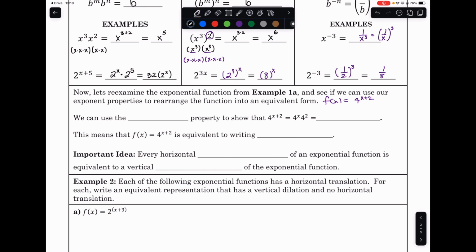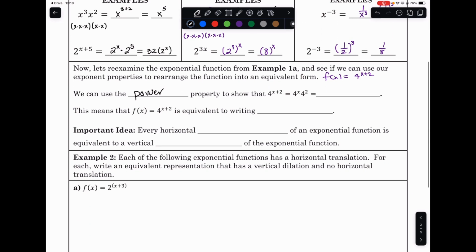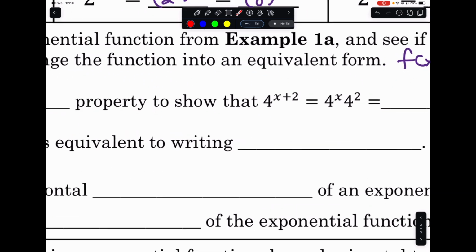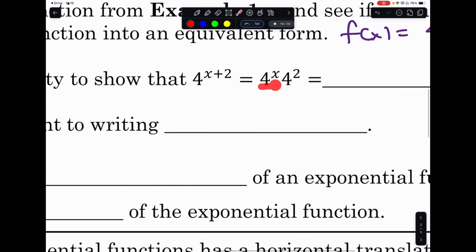Well, we can apply the product property, I'm sorry, not the power property, the product property, to show that 4 to the x plus 2 is equivalent to 4 to the x times 4 to the second power. Since these exponents are added together, by the product property that means we have a base of 4 raised to the power of x times another base 4 raised to the power of 2.